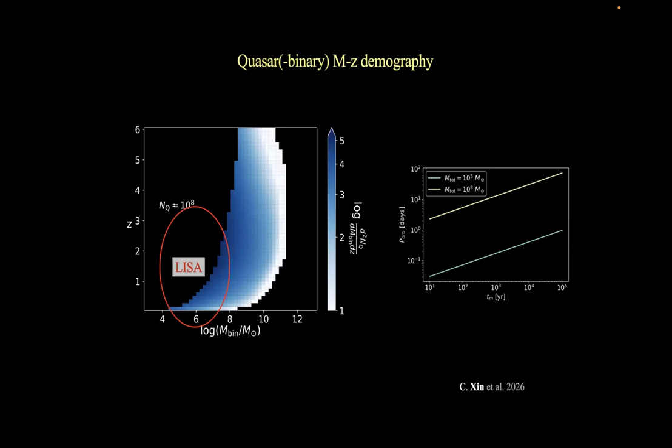On the right-hand plot, I'm plotting the orbital period for two black hole masses, 10^5 (the bottom one) and 10^8 (the top one), as a function of time to merger, and this is exactly what you see. So the lesson here is that with LSST we should be seeing a lot of these very interesting low mass and short period binaries.